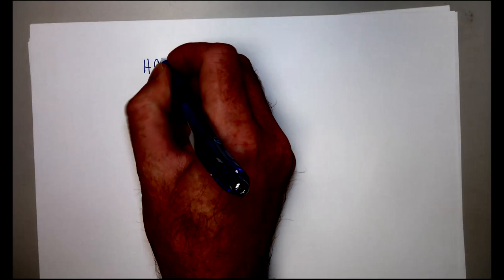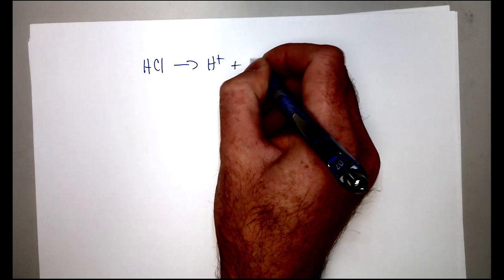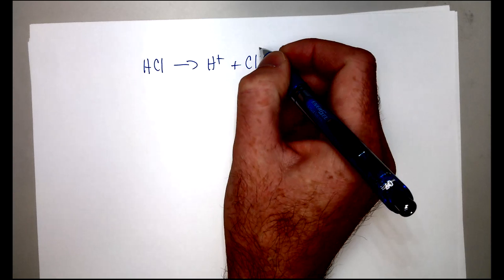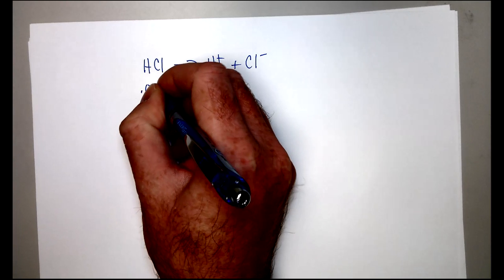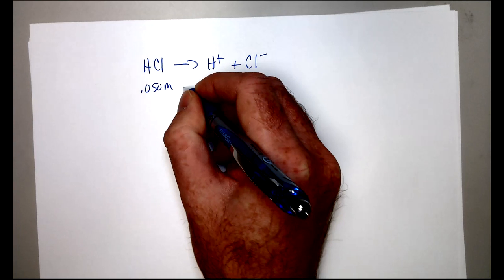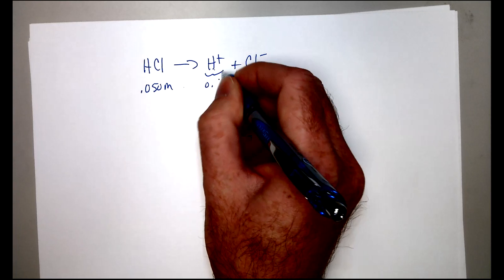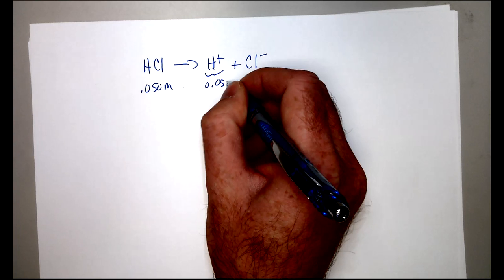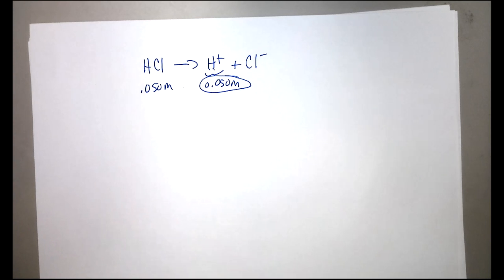So if we've got HCl ionizing to form H plus and Cl minus, or if you want to throw the hydronium in there, the point is that if this is 0.050 molar, after it ionizes, we know that if it completely ionizes, like we've done in previous videos, this concentration is 0.050 molar in aqueous solution, because HCl is a strong acid.